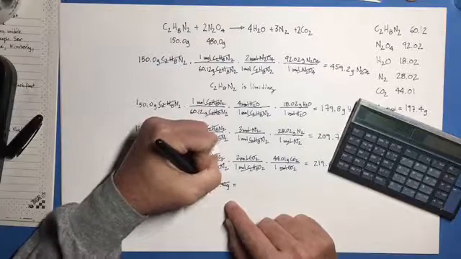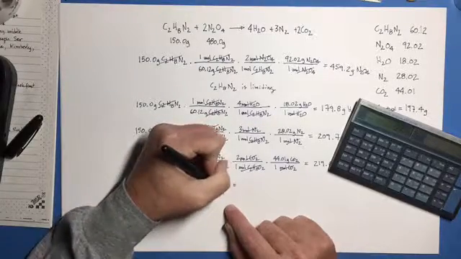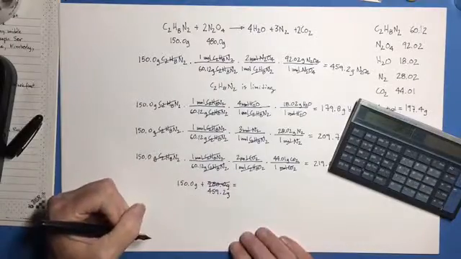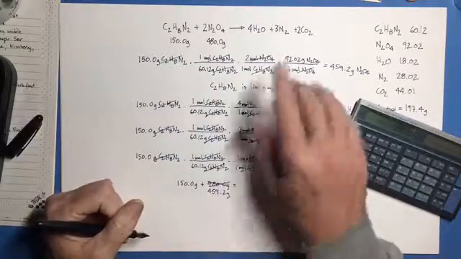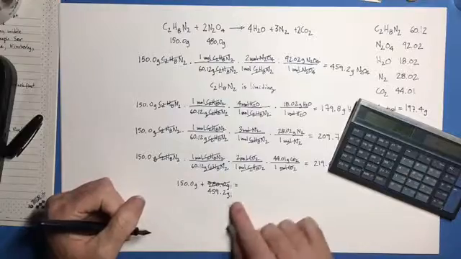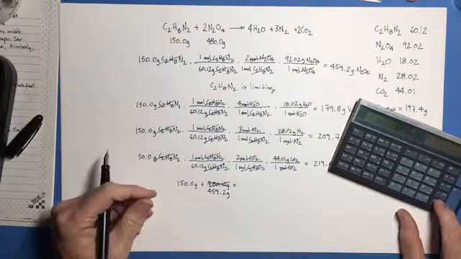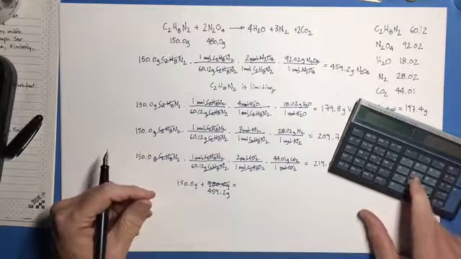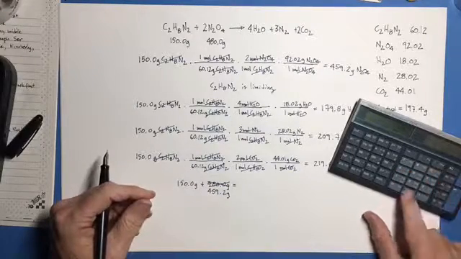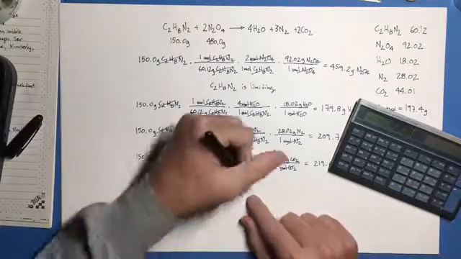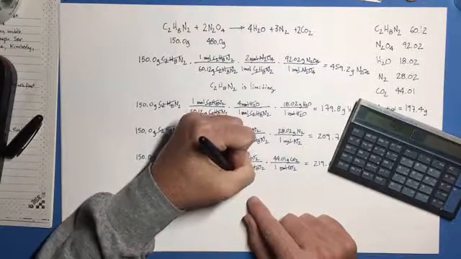So this should be 459. I don't encourage anyone to use pen to do their math in stoichiometry, but I needed something that would show up here, so I apologize for having to cross that out. So 150 plus 459.2 equals 609.2.